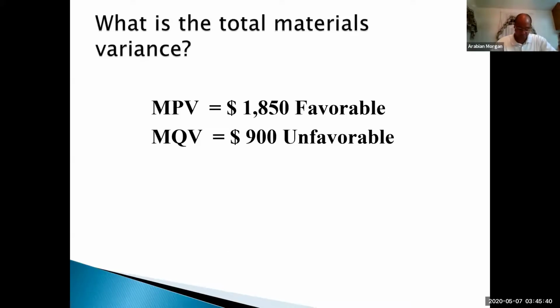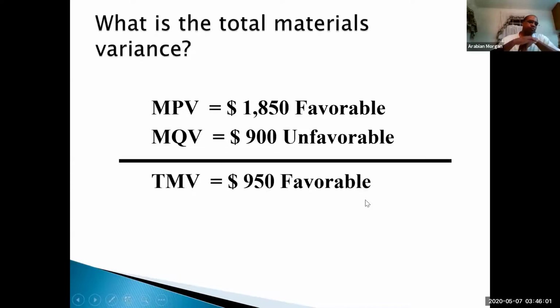So here they are side by side to help you with number 3. And total variance should be $950 favorable.